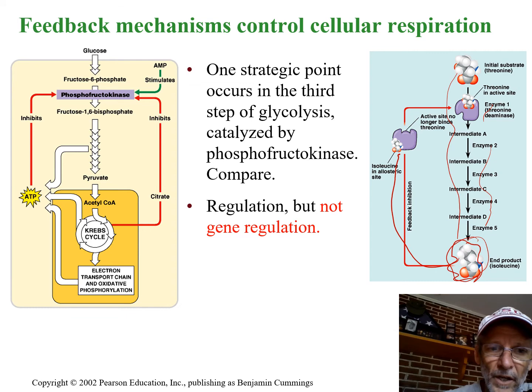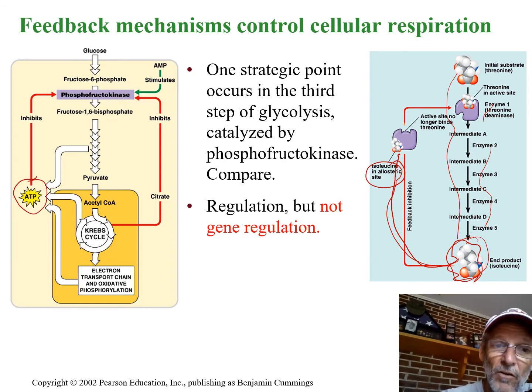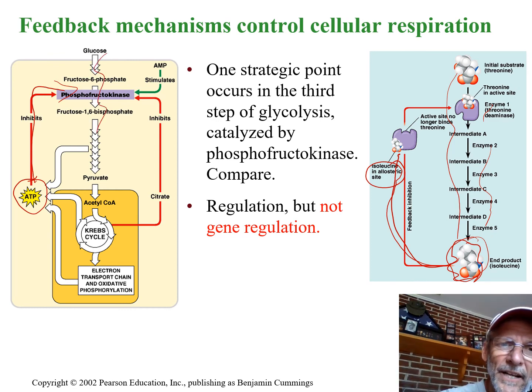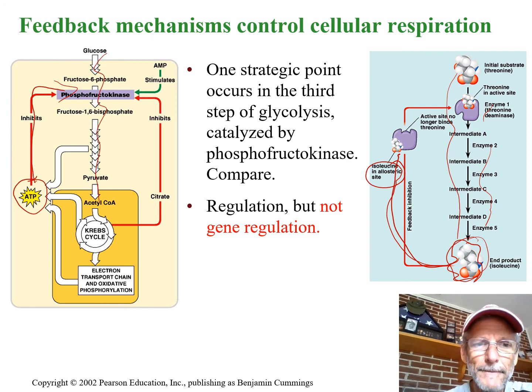I'll just look at one. What's the product that acts as an allosteric inhibitor here? It's ATP itself. If you have a whole bunch of ATP, this is going to shut off one of the early enzymes in glycolysis to say, you know what, we don't need to break down any more of this. Let's just save it for later because we have plenty of ATP.